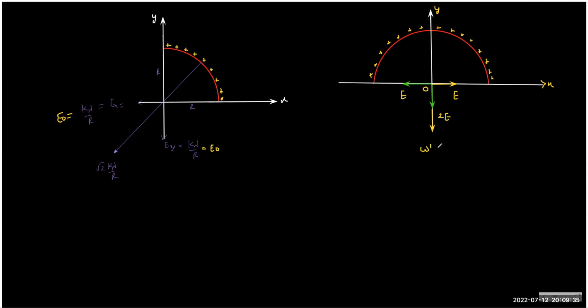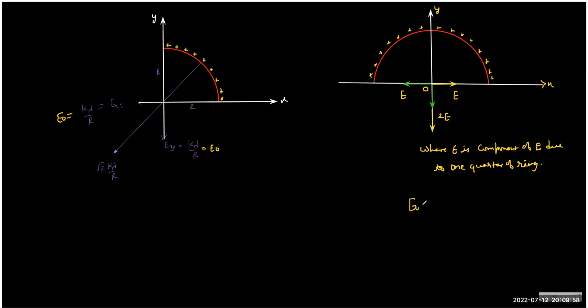Where E is the component of E due to one quarter of the ring.